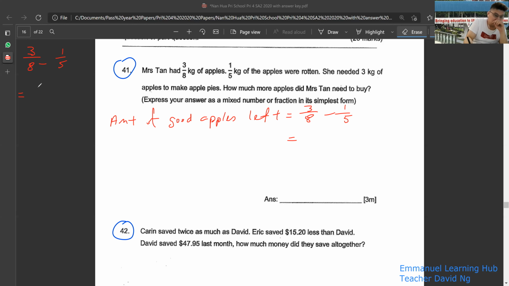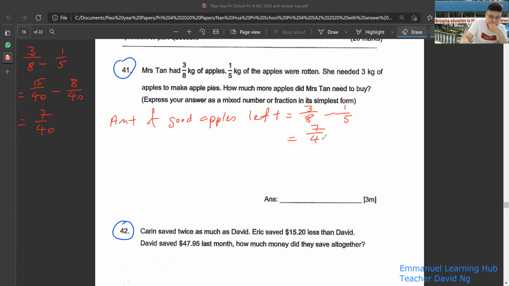How do you get 7 over 40? 3 over 8 minus 1 over 5. You must change it to the same denominator. So 3 over 8 will become 15 over 40. Then 1/5 will become? 8 over 40. Yes. Therefore, you get 7 over 40.